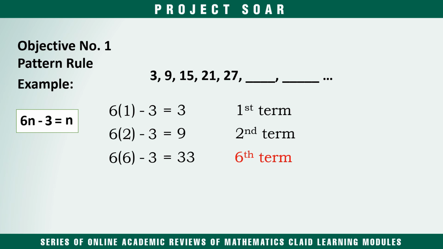To find the seventh term, we need to follow the formula again, 6n minus 3 equals n, or 6 as our common difference, multiplied by the seventh term, minus or subtract number 3, and so that is 39. That is our seventh term. So we found our sixth term and seventh term.